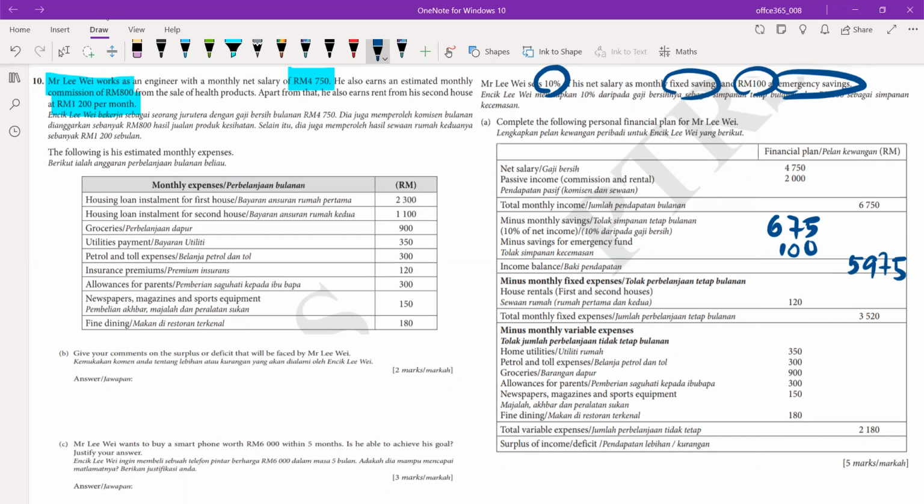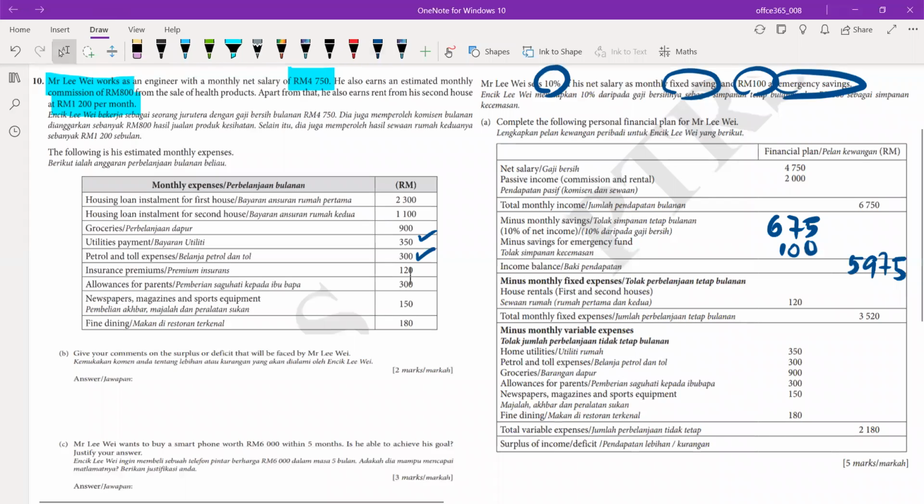So they already give you house rental 120. Say one room, minus monthly fixed expenses. So I want to ask you, did they give you the total monthly fixed expenses? They give you this, or your house rental, they ask you to fill up. 350, 300.